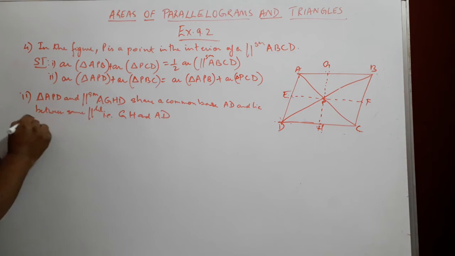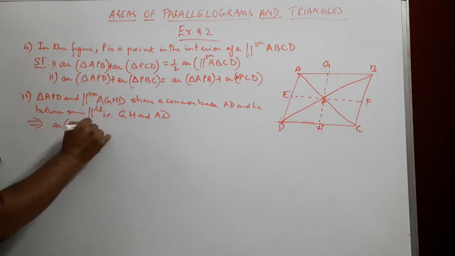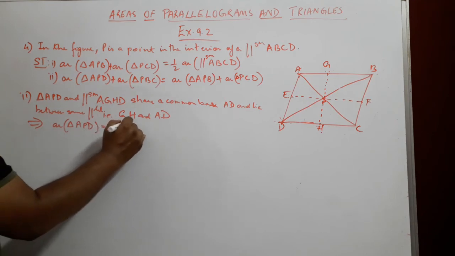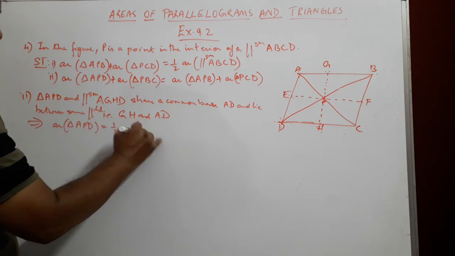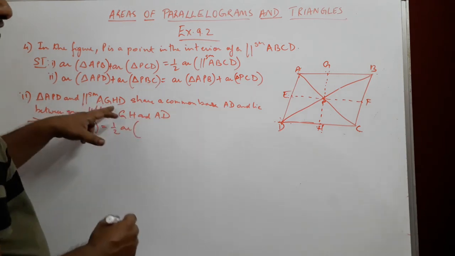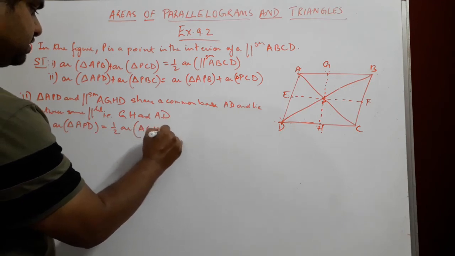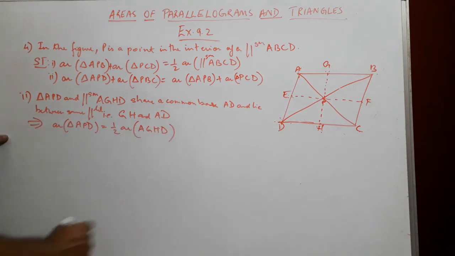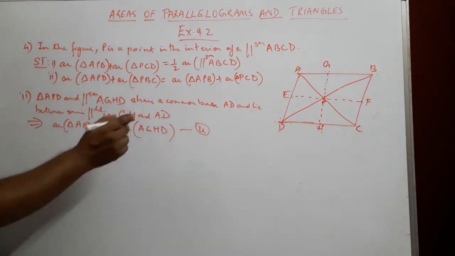So this implies that area of triangle APD is equal to half of area of parallelogram AGHD. We'll mark this as 4, because 3 we have already marked.